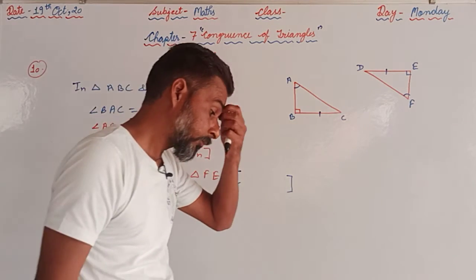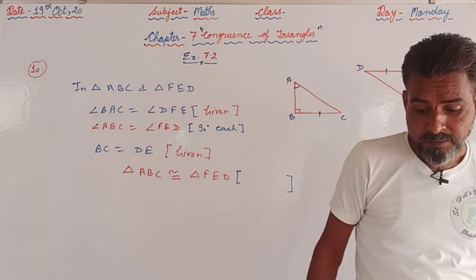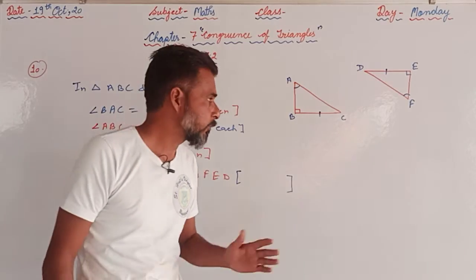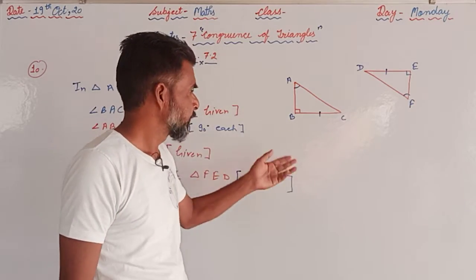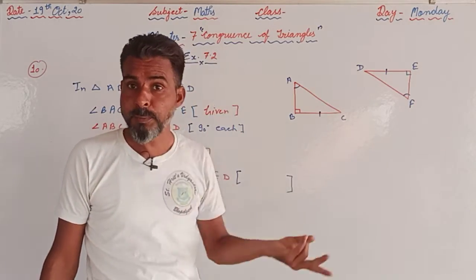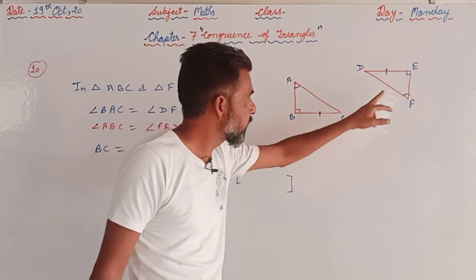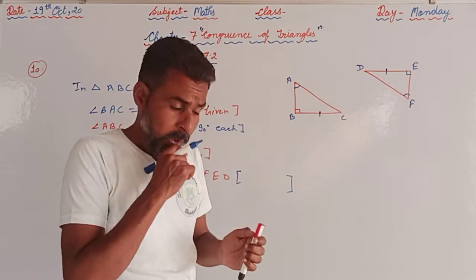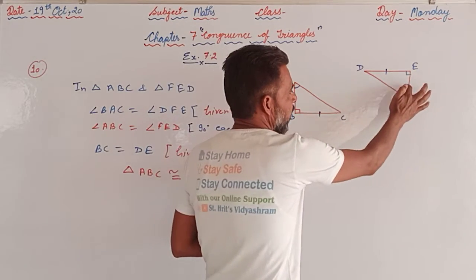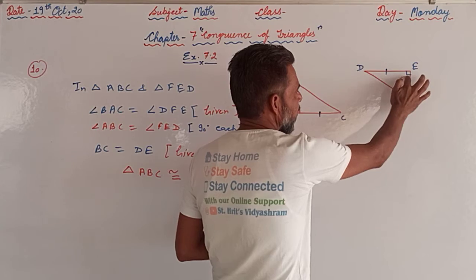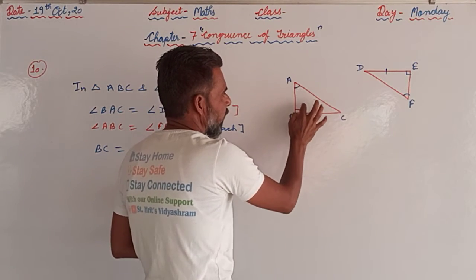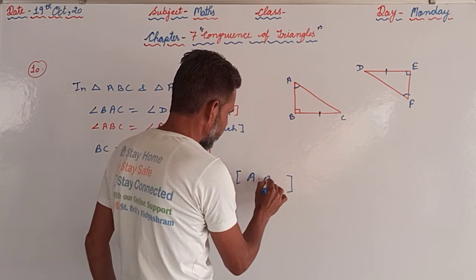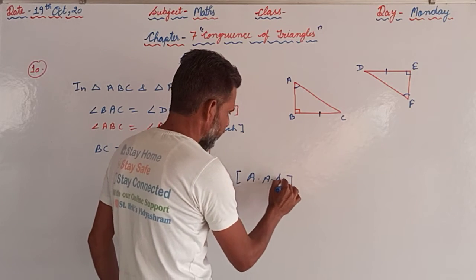If there are right angle triangles, it doesn't mean that we are supposed to use RHS only. For RHS, two sides should be equal, but here only one side is equal and the remaining two angles are equal. So the criteria will be angle, angle, side.